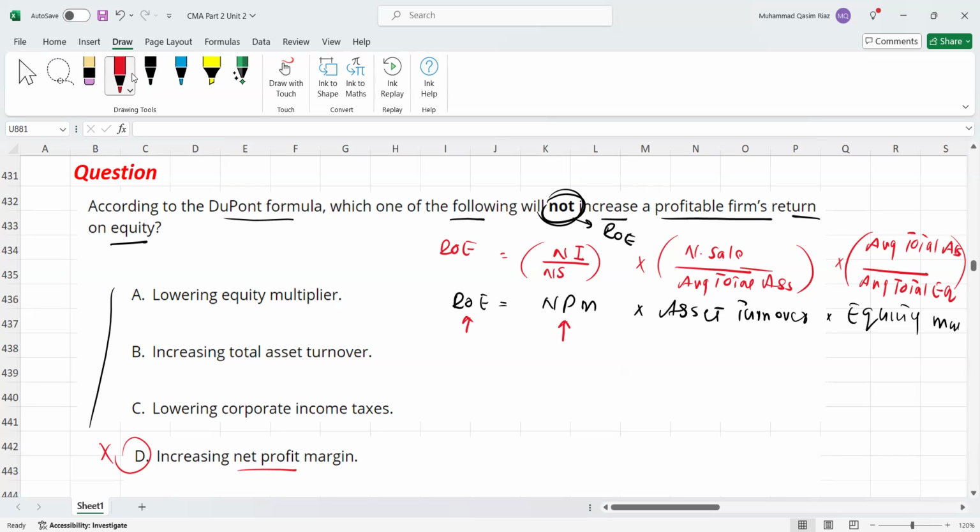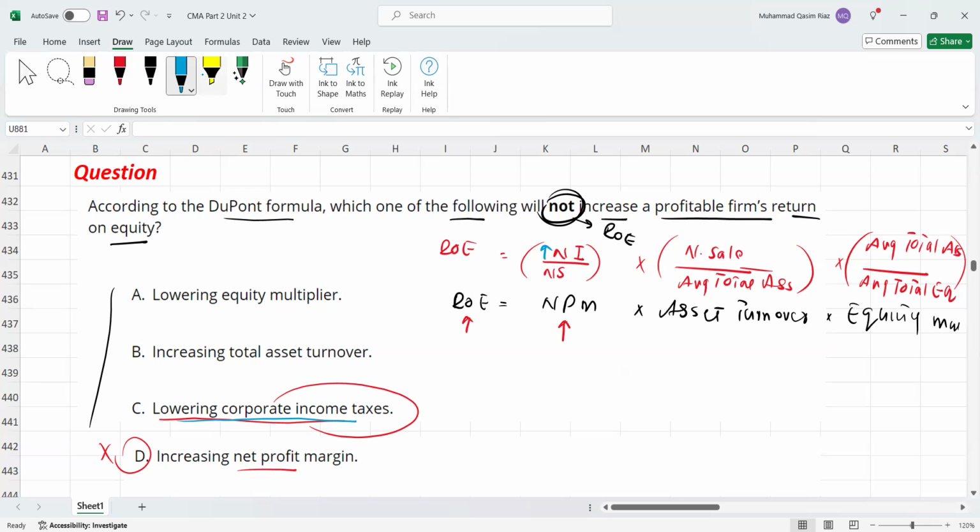Second thing they're telling you, lowering corporate income tax. Okay. Actually, this is income tax, a tax expense. Yes, guys, please remember here. If you lower the tax expense, like if tax rates are less, your net income will increase, because in the income statement we deduct tax as an expense.